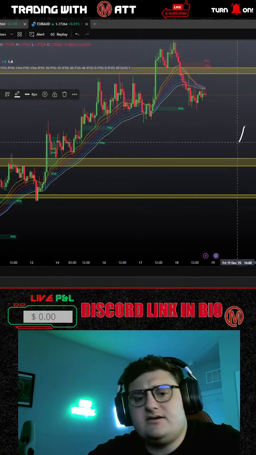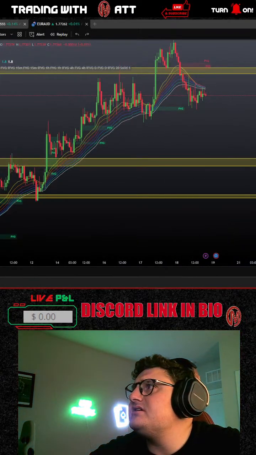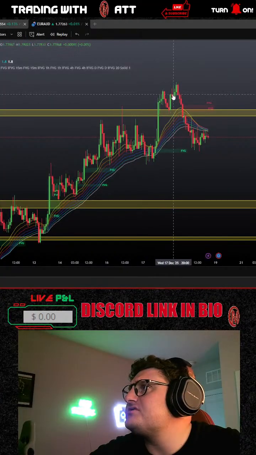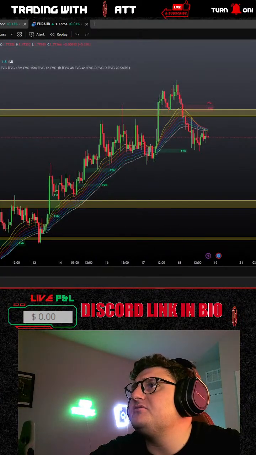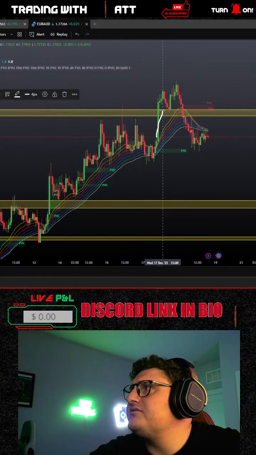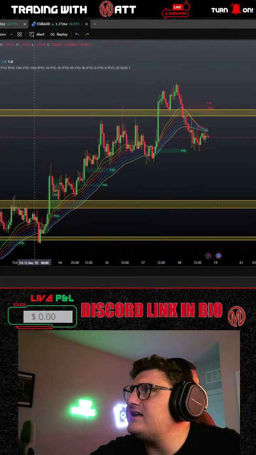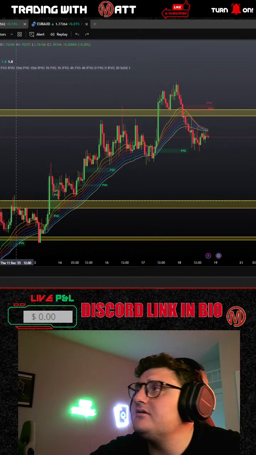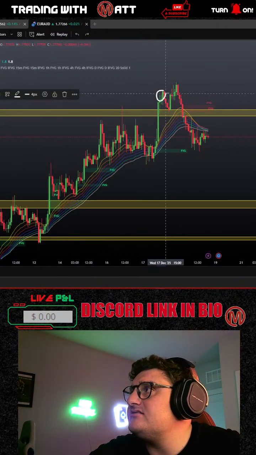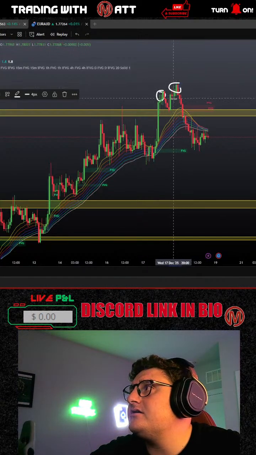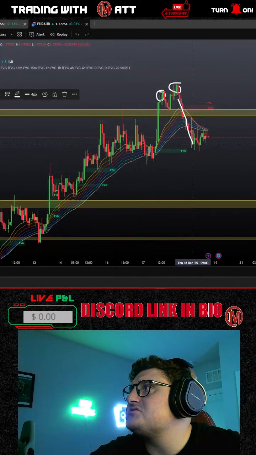So looking at Euro AUD here, Euro AUD broke its previous highs. It had a bit of a double top. If you don't know what a double top is, it's when it goes up and makes two peaks like mountains and comes back down. It almost looks like an M. Some people call it an M pattern. In this case, it was a double top right here, and it drove down through the zone.